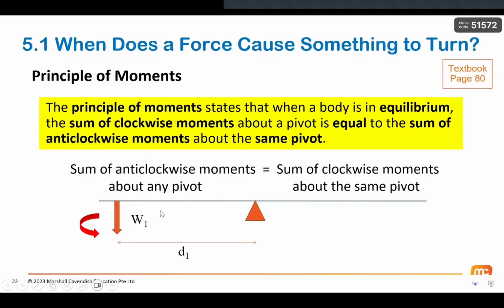The net moment is not zero. There will be a moment which is caused by this anti-clockwise moment. So in order for this rod to be balanced, I need to have one more force downwards over here. This force W2 downwards over here will create what we call the clockwise moment. Okay, so I just look at the individual force, W2 and the pivot. W2 will cause the rod to turn in this manner.